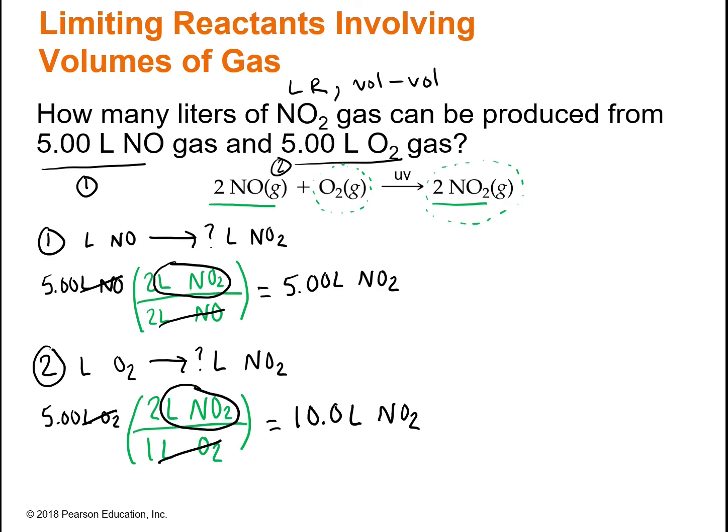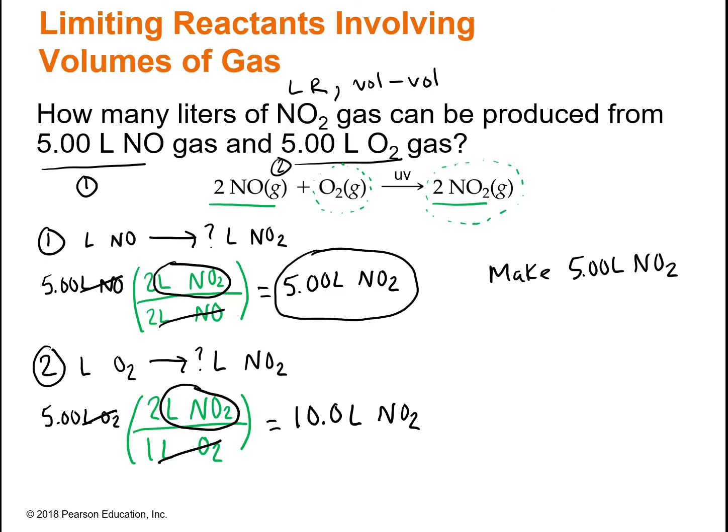Now that we know how much we would make if we had one reactant and excess of the other, we need to come back to reality because we're combining these 2. We're either going to make 5 liters or 10 liters. You choose the one that makes the least product. 5 liters is definitely less, so we'll make 5 liters of nitrogen dioxide.